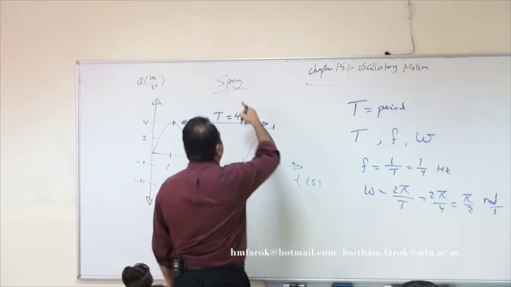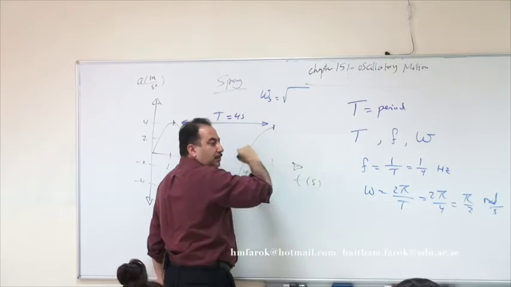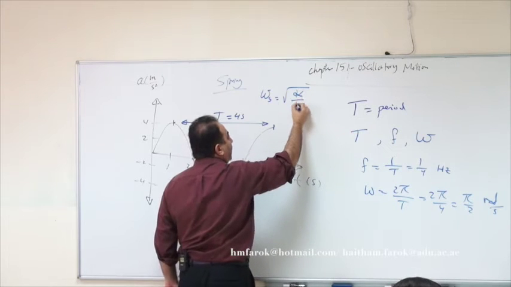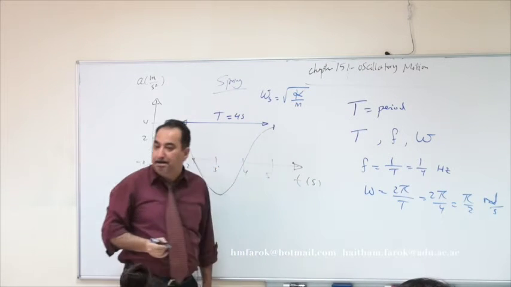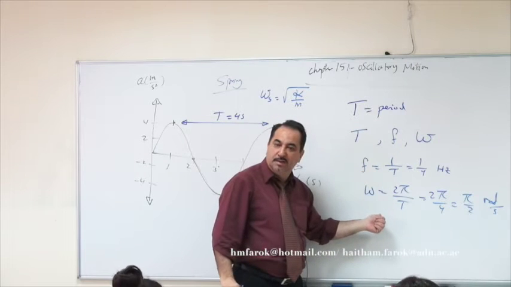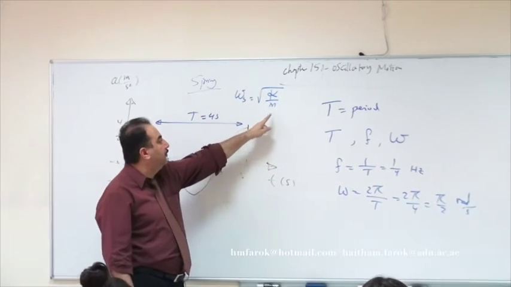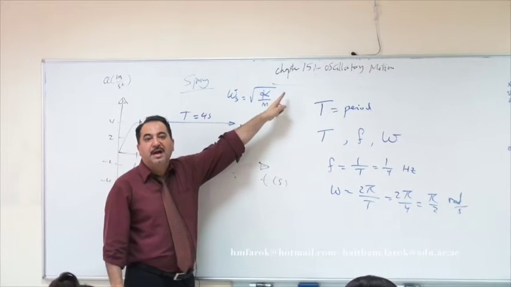What is the angular frequency of a spring? Root kappa over m. So when you find the period, you'll find the angular frequency. And then you use the angular frequency with the mass, you find kappa, the spring constant.